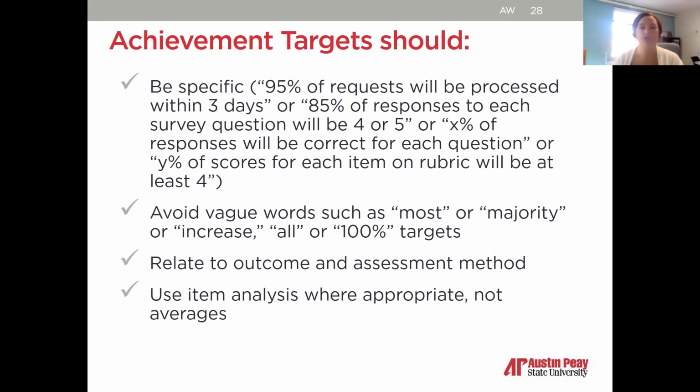We try to get you to avoid things like 100%, or the most or majority of things, and try to be more specific. 100% isn't great, because then it's really either we did it or we didn't. There's no sort of room for growth. Usually when I see a 100% target, that just means that the outcome actually needs tweaking, that there's something in there that isn't quite working out.